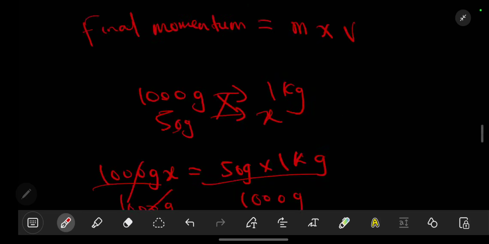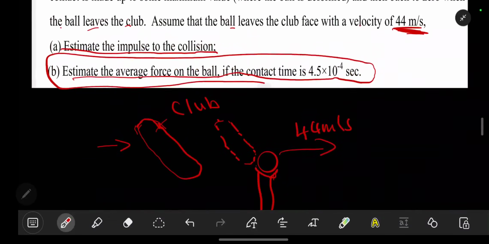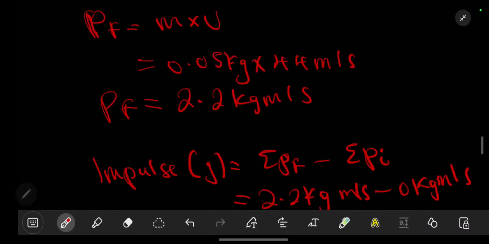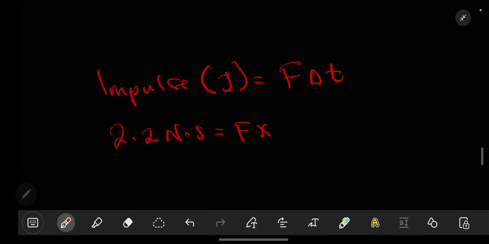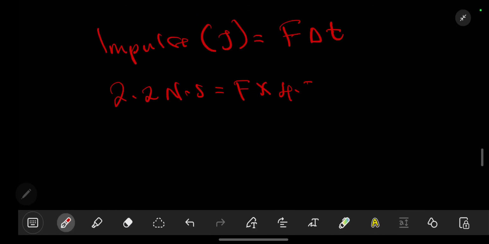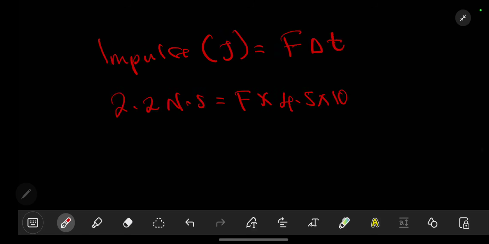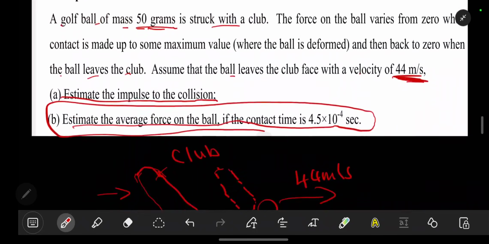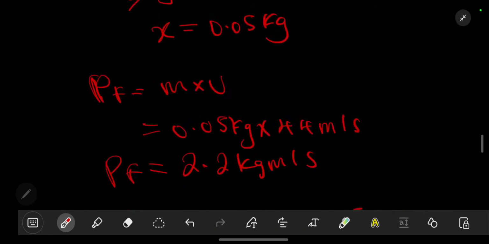We are told that the time is 4.5 times 10 to the power of negative 4 seconds.